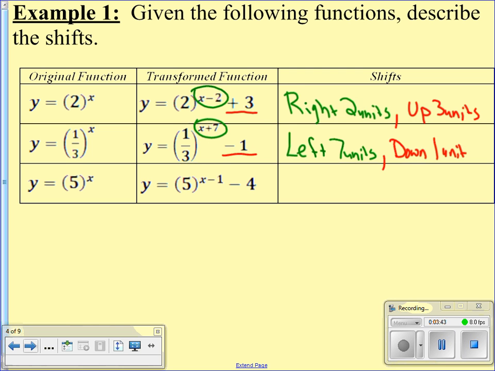Third function, y equals 5 to the x. With the transformed function, y equals 5 to the x minus 1 minus 4. Left and right movement, x minus 1, do the opposite of that, so right 1 unit.